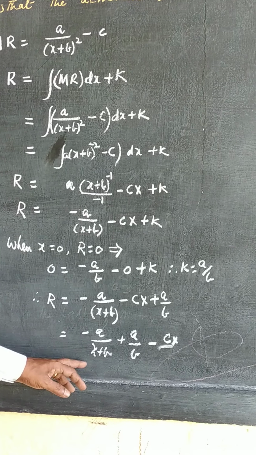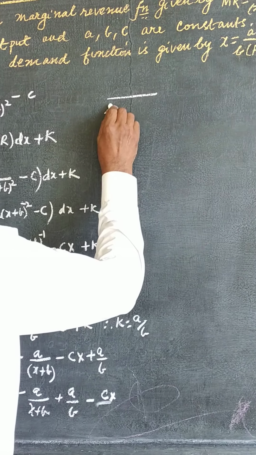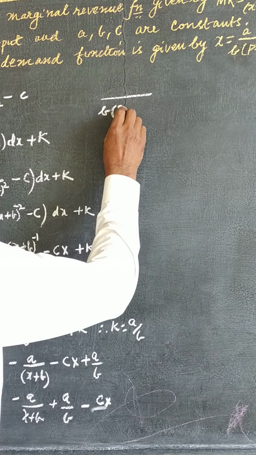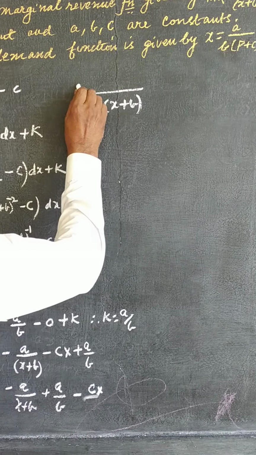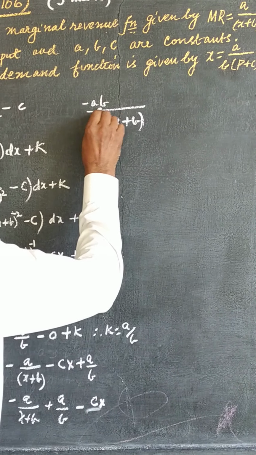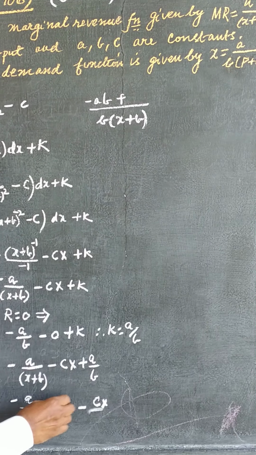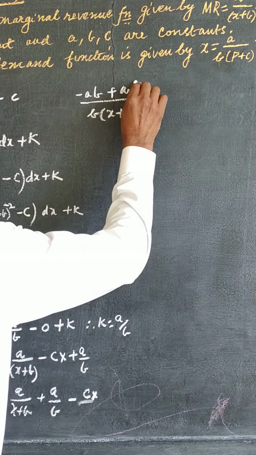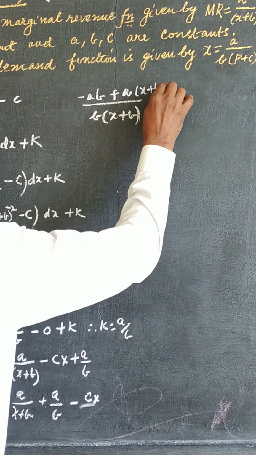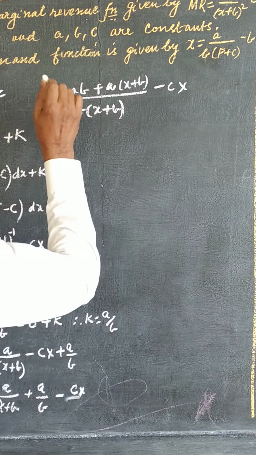On simplification, we can take the LCM for this. That is B into (X plus B). B into A, that is nothing but AB, plus A into this denominator, A into (X plus B), minus Cx.